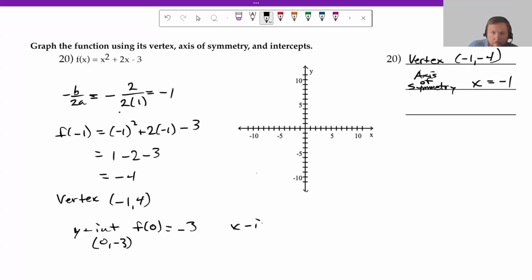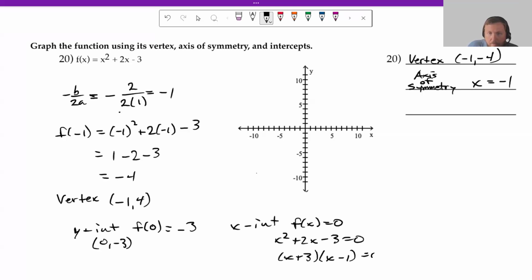For the x-intercepts, we set f of x equal to 0. So we have x squared plus 2x minus 3 equals 0. So we have x plus 3 times x minus 1 is equal to 0. So then that is x equals -3 and x equals 1. So we have -3, 0 and 1, 0.